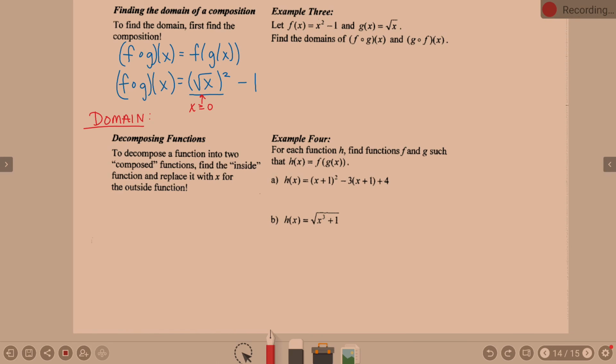I wrote X greater than or equal to 0, but we've been doing interval notation. So what is that in interval notation? 0 to infinity. Can we use 0? Yes, you can take the square root of 0. Square root of 0 is 0.